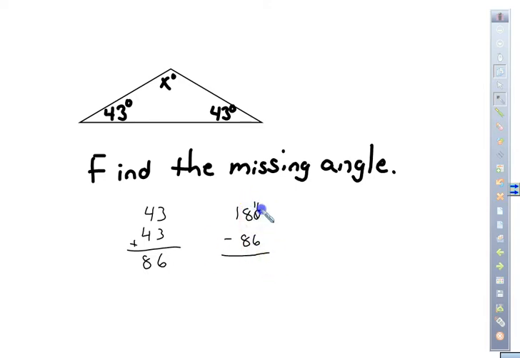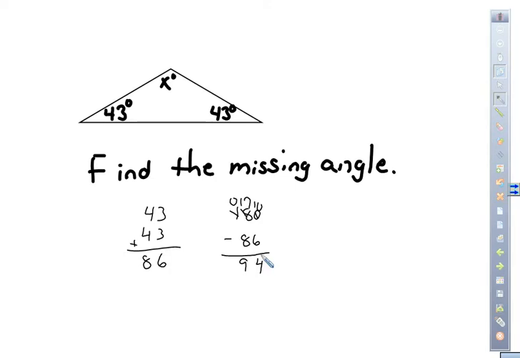That difference, and again this will be 4, that's 7, borrow from the 1, and you end up with 94 degrees. Simply finding that difference will give you the value of that variable x.